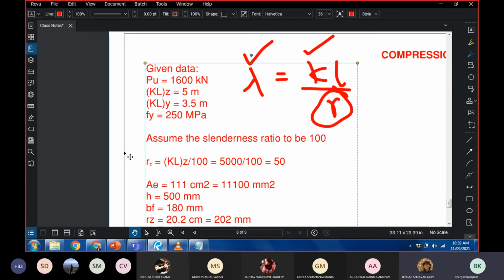So basically, r is a distance. So distance will have units of meters, centimeters, kilometers, and so on.